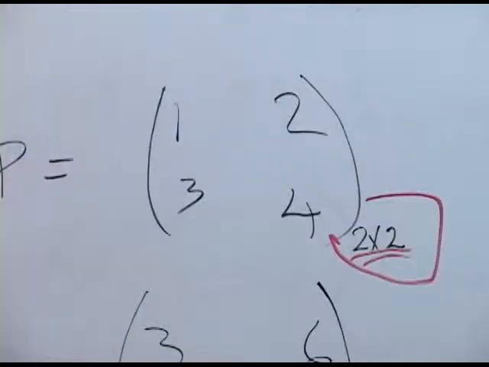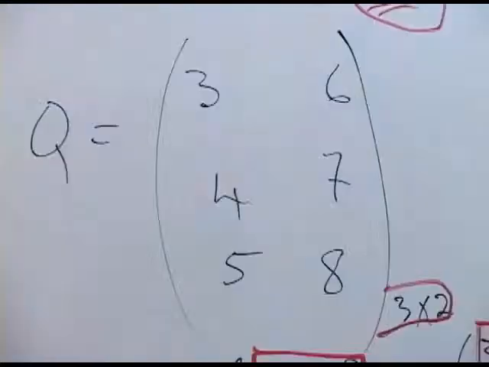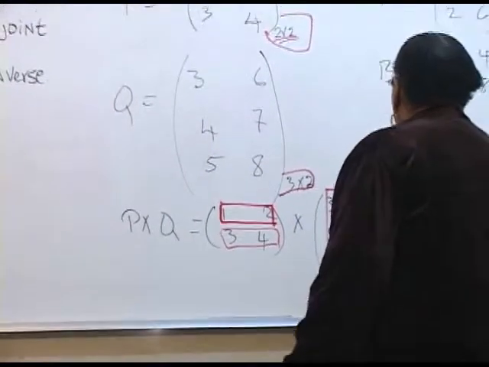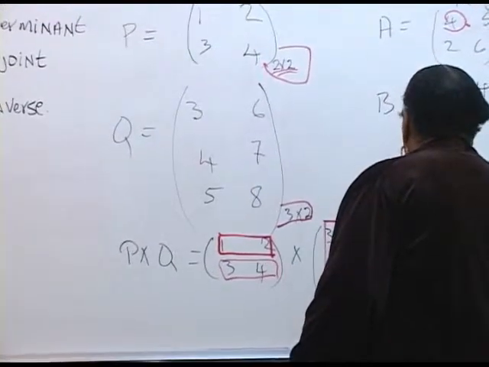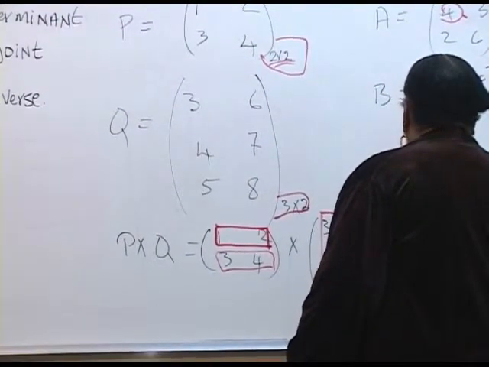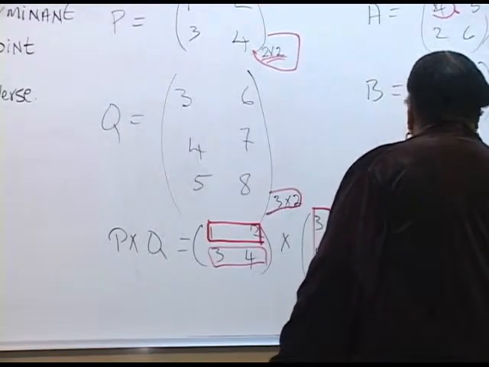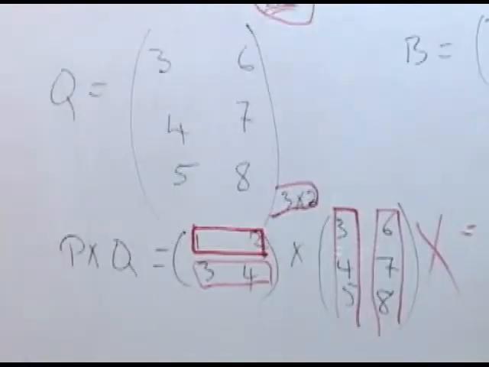The elements are missing, so that can't work, because we're just going to be saying 1 times 3, plus 2 times 4, plus what times 5? Nothing. So it's impossible.